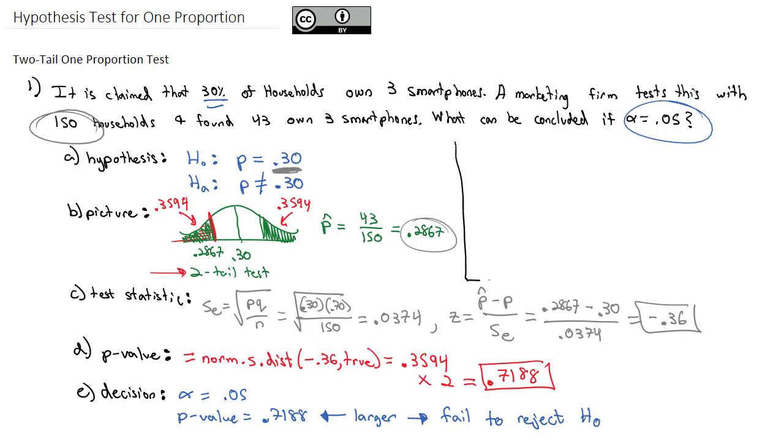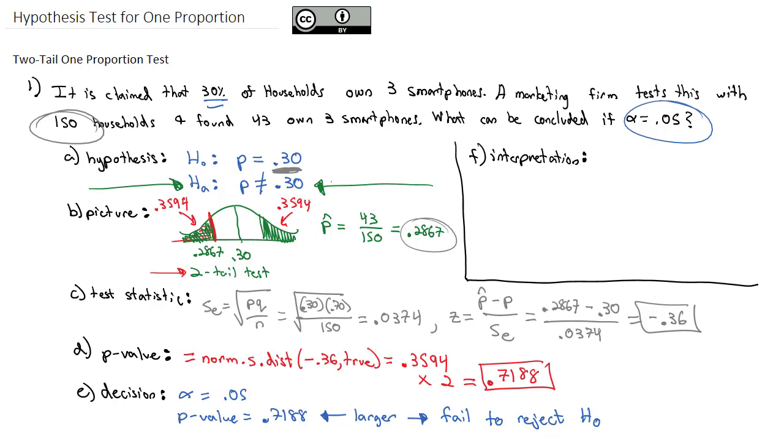And since I'm out of space, I'm going to move again up to this top corner just to finish it off. So for our interpretation, again, the interpretation always focuses on the alternative hypothesis.